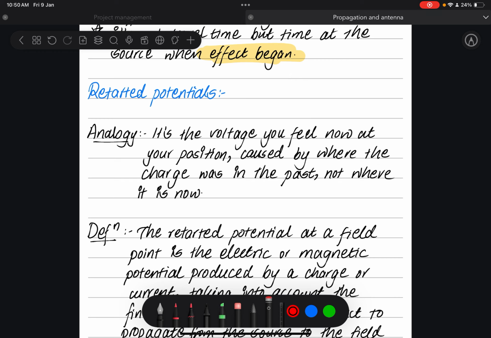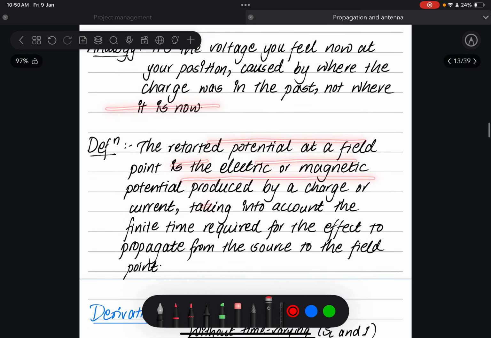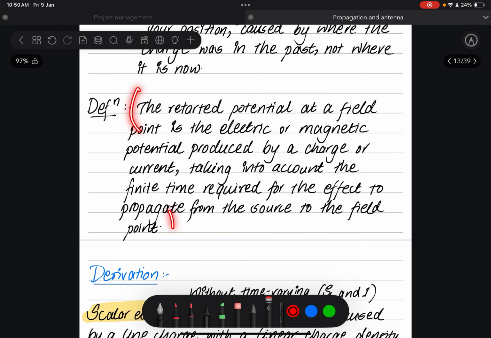We can apply that similar concept to retarded potential. It's a voltage you feel now at your position caused by where the charge was in the past, not where it is now. So let's define it in a standard way. The retarded potential at a field point is the electric or magnetic potential produced by a charge or current, taking into account the finite time required for the effect to propagate from the source to the field point.